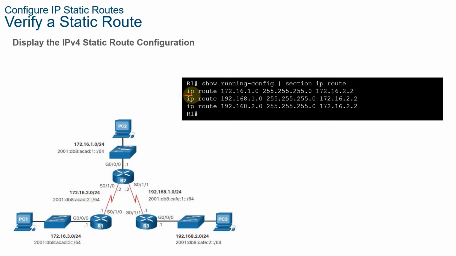All configurations in the running config having ip route would be displayed. Rather than using just show run, which displays everything, if you just want to see a specific output that you desire, you could make use of these filter options here, pipe section, begin, and so on.